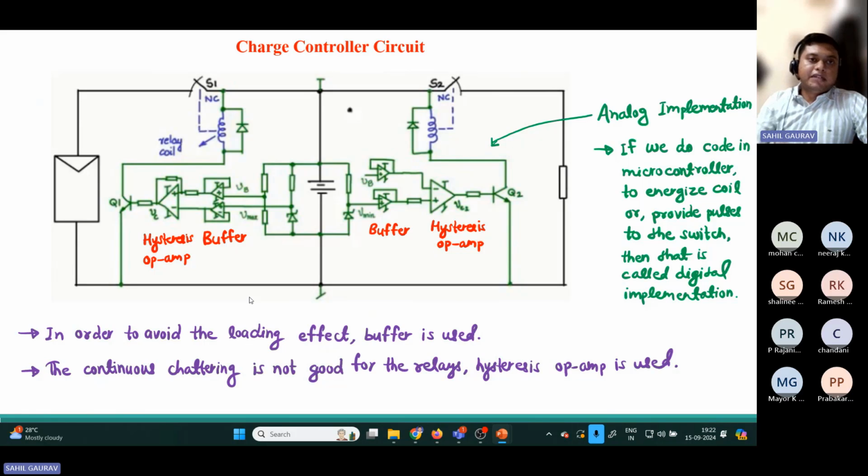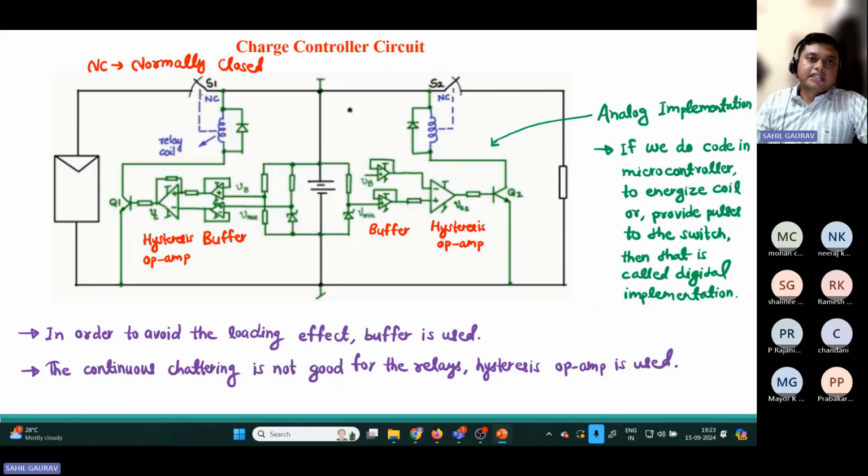For the analog implementation, we are taking switches S1 and S2 as normally closed type. When the relay coil gets energized, the switch opens. So NC means normally closed type switch.